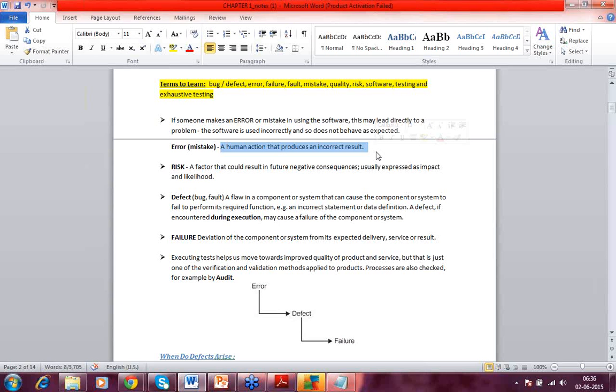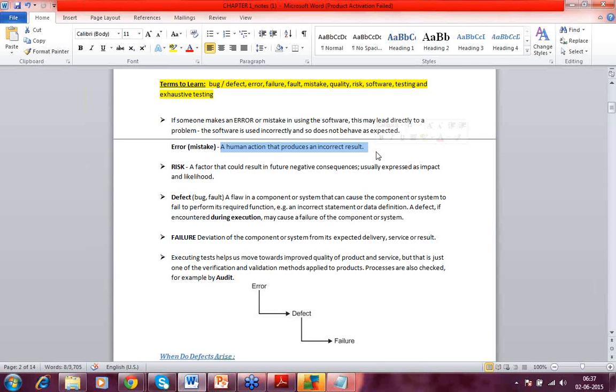Okay. And how can we define a risk? It is a factor that could result in future negative consequences, usually expressed as impact and likelihood. When somebody makes an error or a mistake, or when the software does not work properly, what kind of risk can it involve? What are the future negative consequences of that particular action?